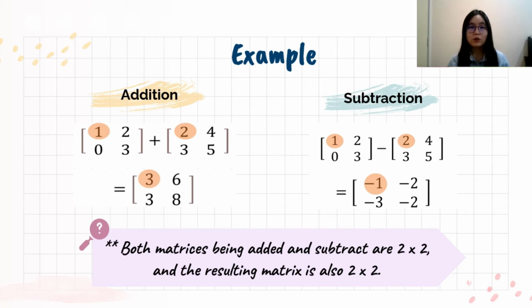So this is just a common addition and subtraction method. From these examples, we can see that both matrices being added and subtracted have the same size, which is a 2 by 2 matrix. Therefore, the resulting matrix is also 2 by 2. We cannot add and subtract two matrices that have different dimensions.